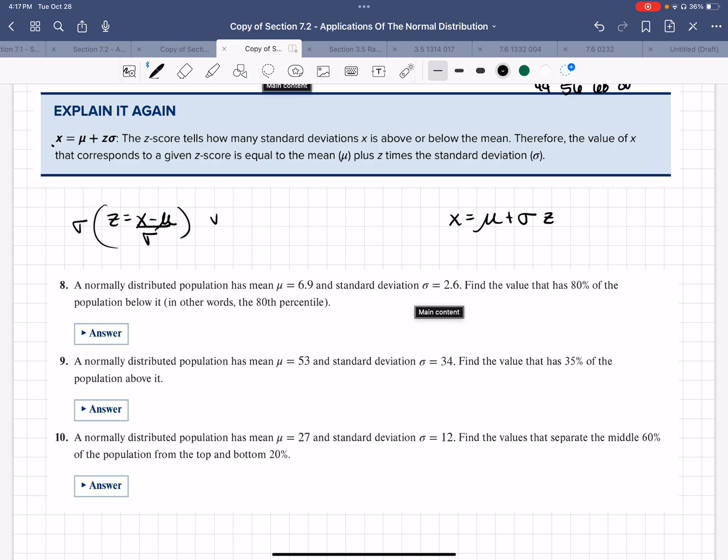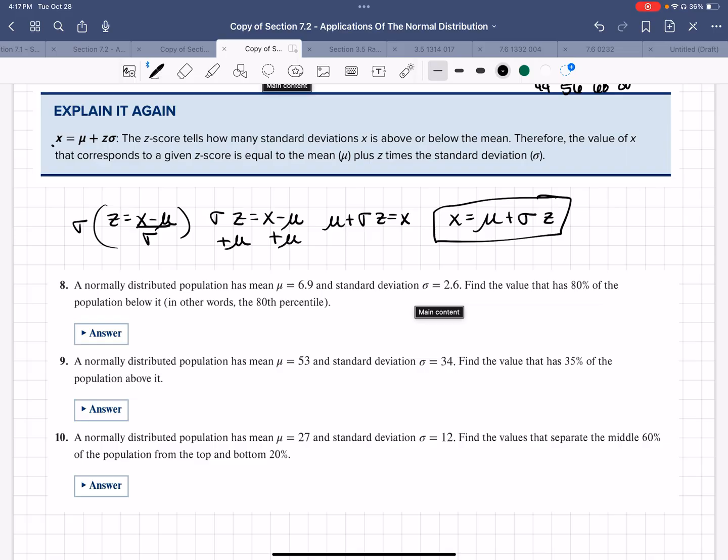That's going to give me sigma times z equals x minus mu. Then I'm going to add mu to both sides. And then that will leave me with mu plus sigma times z equals x. And that's where we get that formula for x, okay?